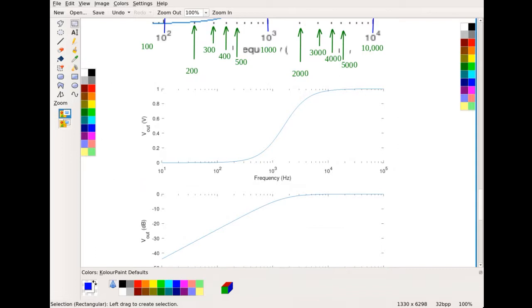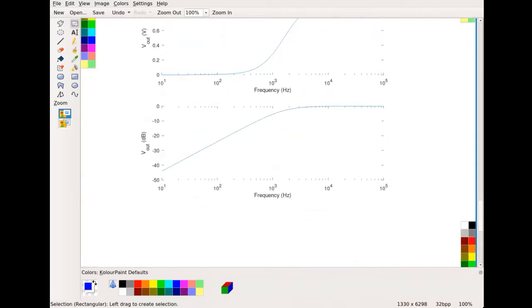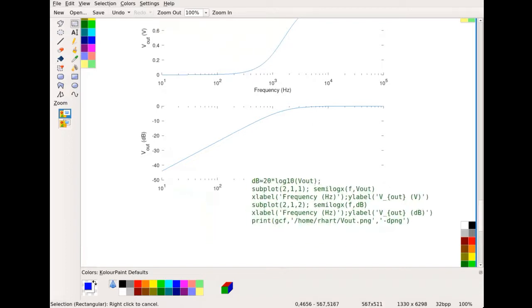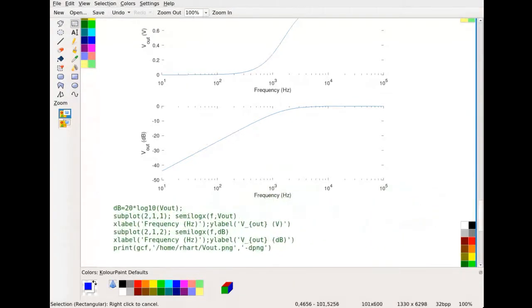All right, so to get the decibels, here's the code that I used to get this. What I did was I used that equation we had before to calculate the decibels. So this is the equation to calculate your decibels, and this was scaling of this as dBs.